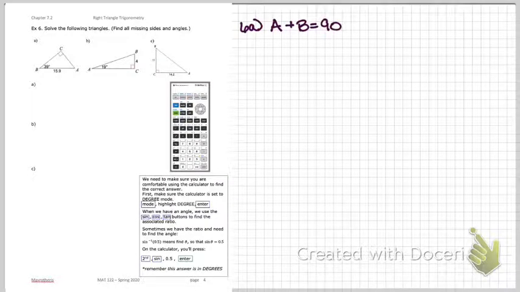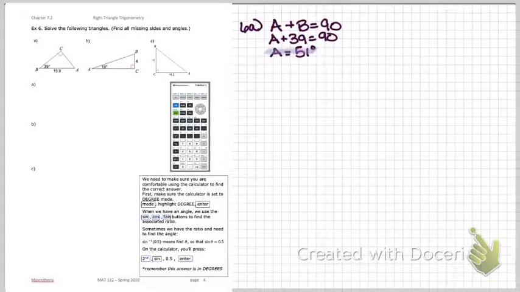All three angles have to add to 180. C is already 90. That only leaves 90 degrees for A and B. We know that angle B is 39, so I got A plus 39 equals 90. So the measure of angle A is 51 degrees.